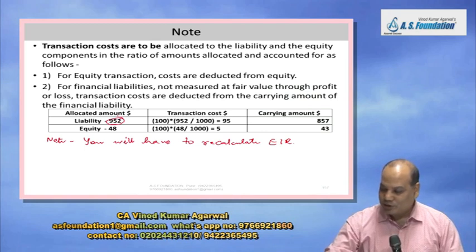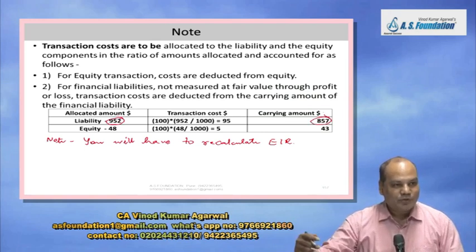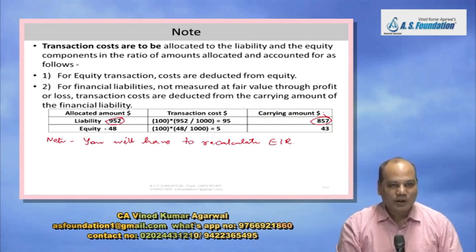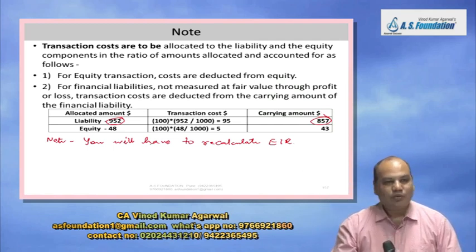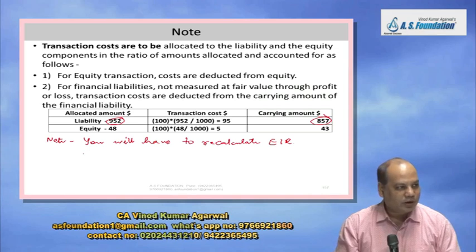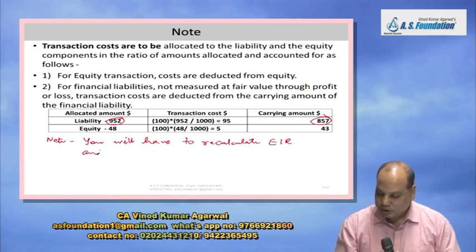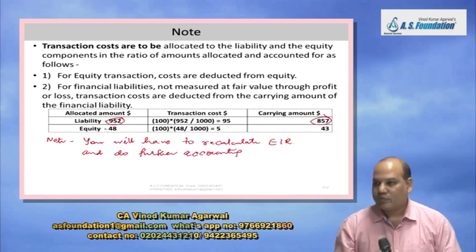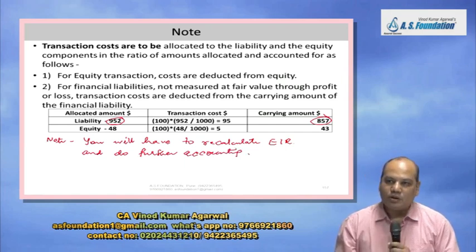But you have changed your opening balance. Now after 3 years your account will not close. So therefore, you have to recalculate the effective interest rate and then do the accounting like what we did earlier, and then do the further accounting.